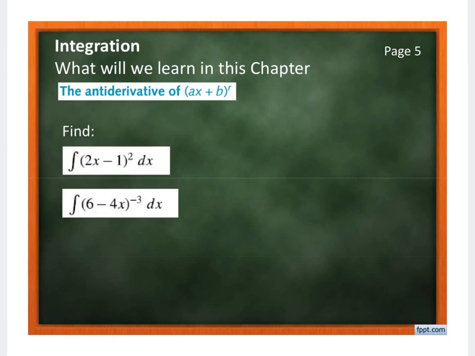Okay. Find the antiderivative of, in parenthesis, 2x minus 1 to the square dx. Remember the formula on page 4.